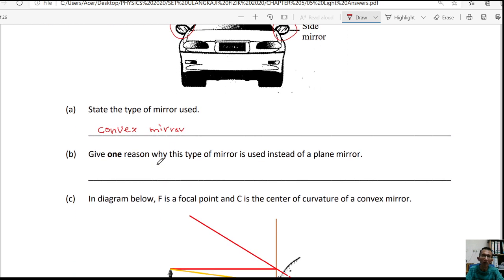Give one reason for this type of mirror. So the reason is you will have a wider field of vision, which can be obtained with a convex mirror.